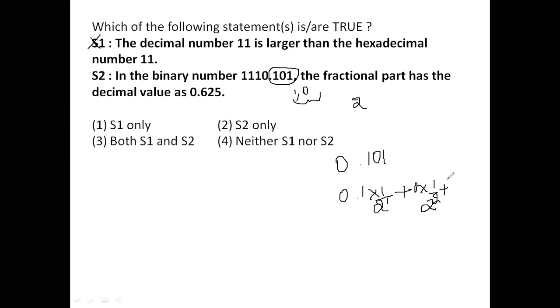And then the last one, 1 into 1 divided by 2 to the power of 3. This is how we have to classify when it is given in binary. We are converting binary to decimal.